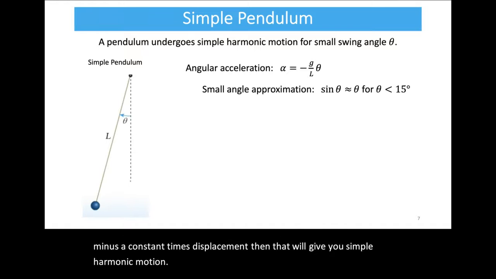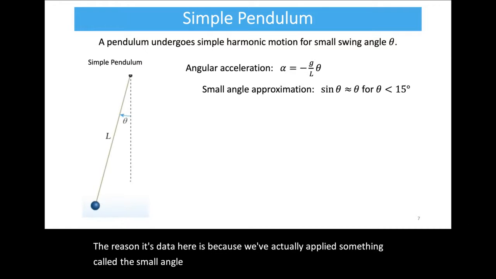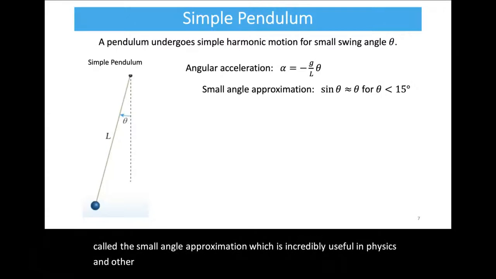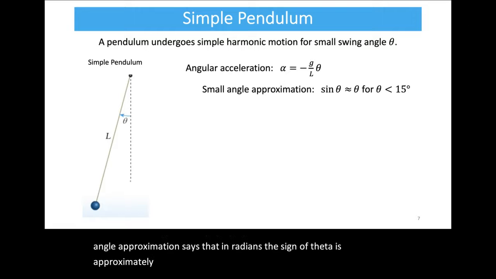The reason it's theta here is because we've applied something called the small angle approximation, which is incredibly useful in physics and other places. It'll pop up again from time to time. It says that in radians, the sine of theta is approximately theta for angles less than about 15 degrees.